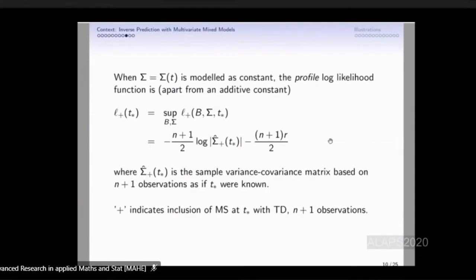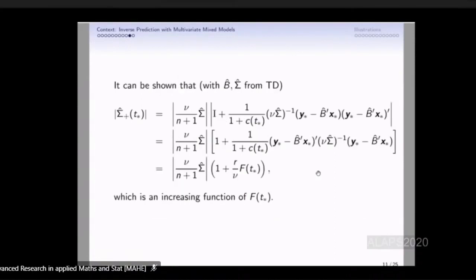That can be simplified to this form here. So it only involves the determinant of this matrix, sigma hat plus T star, based on the n+1 observations as if T star were known. And that determinant can be simplified algebraically.